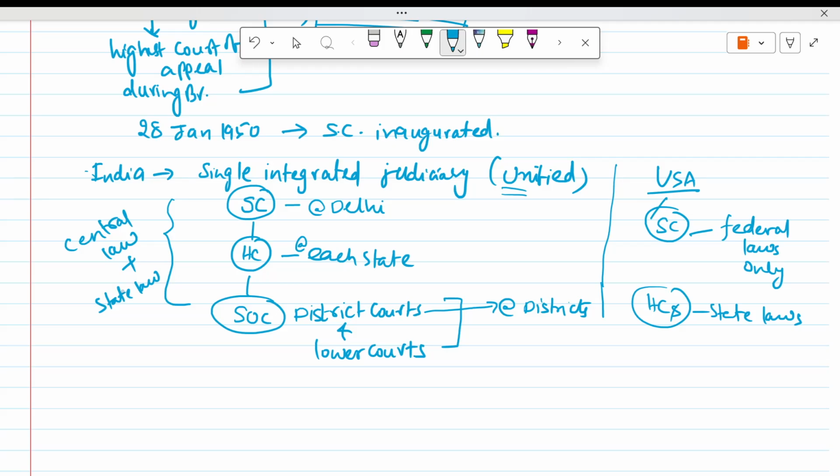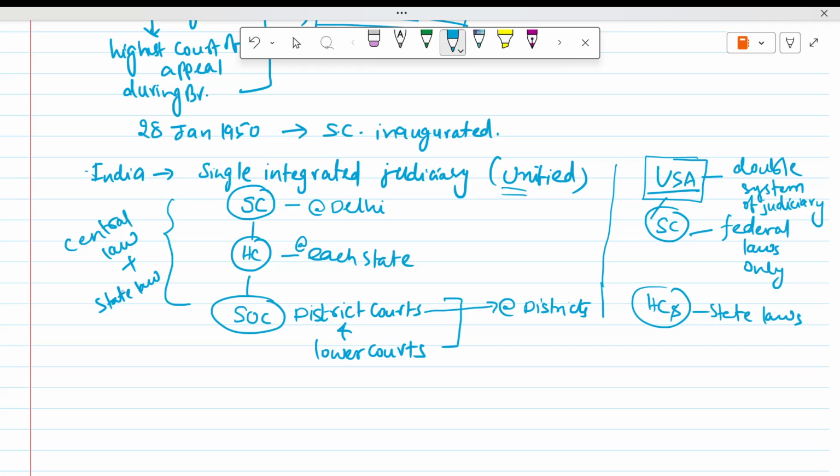So in America we say double system of judiciary. So in the USA there is a double system of judiciary. The federal court, that is the Supreme Court, will see only federal law related disputes, whereas the High Courts see only state laws.